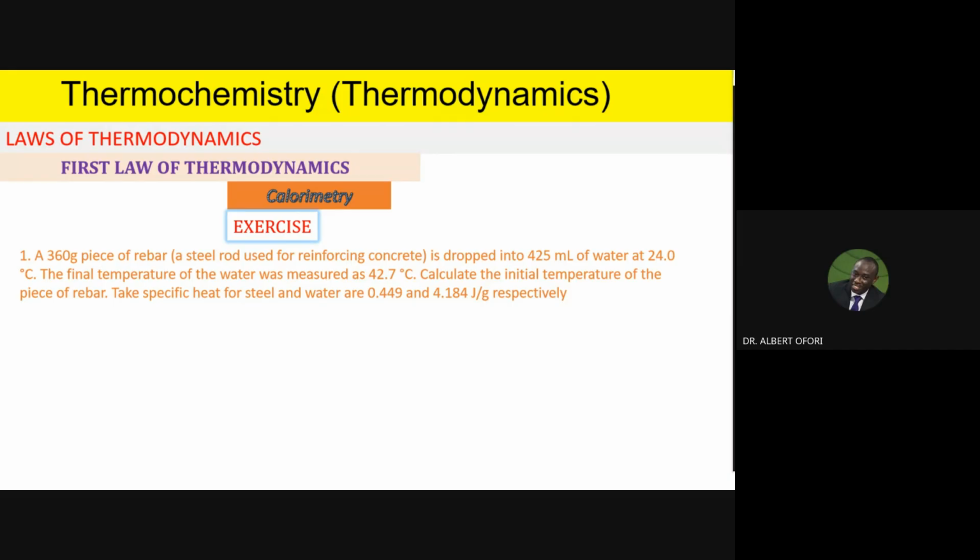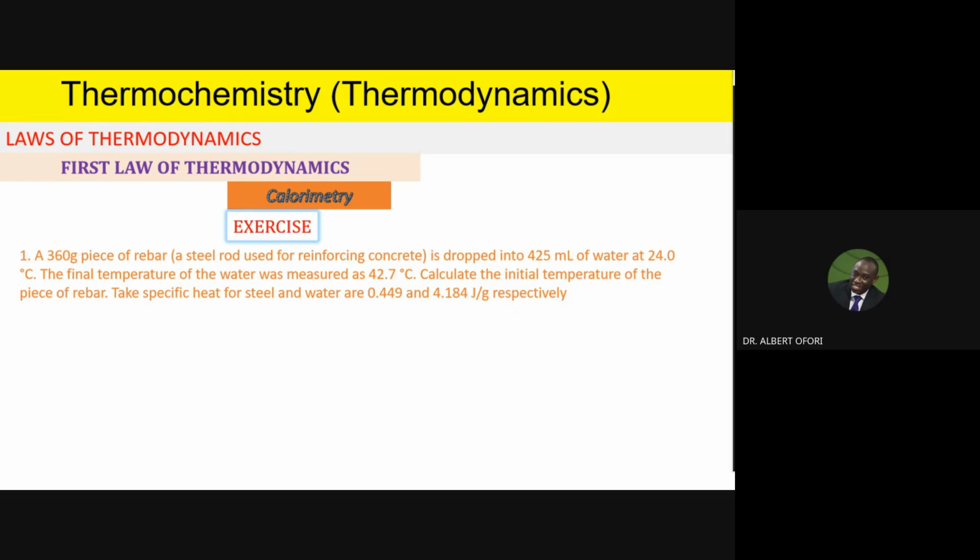It was dropped into 425 ml of water at a temperature of 24 degrees Celsius, and the final temperature of the water was measured to be 42.7 degrees Celsius. The first thing it is asking us is to calculate the initial temperature of the bar.